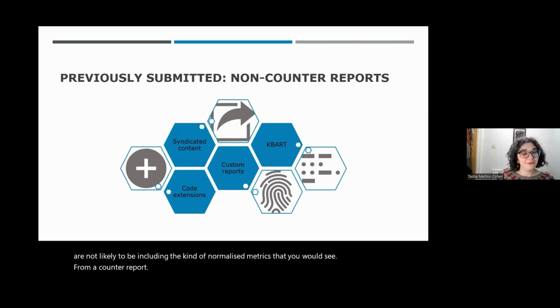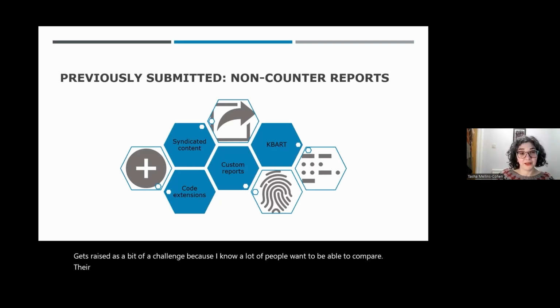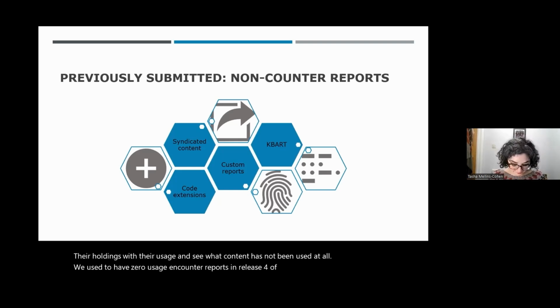KBART, I know, gets raised as a bit of a challenge because I know a lot of people want to be able to compare their holdings with their usage and see what content has not been used at all. We used to have zero usage in Counter reports in release 4 of the Code of Practice.